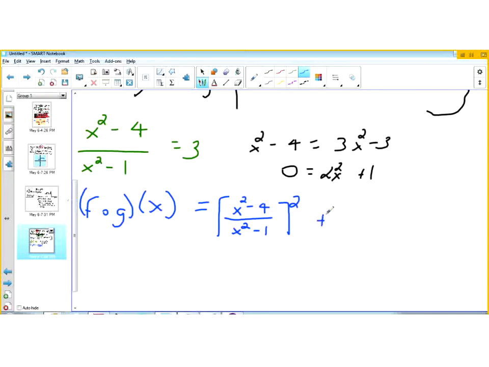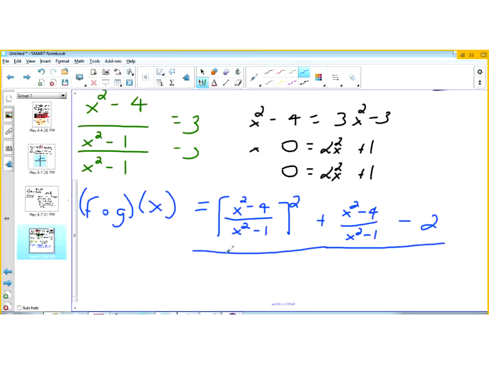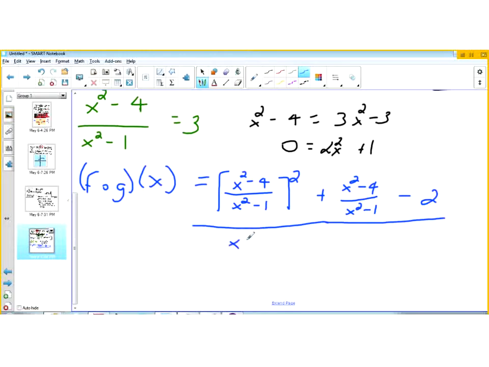Then we have to add g of x again, so that would be x squared minus 4 divided by x squared minus 1. And then we have to subtract 2. That would be our numerator. And then we have to divide all of this by g of x minus 3, which would be x squared minus 4 divided by x squared minus 1 minus 3.